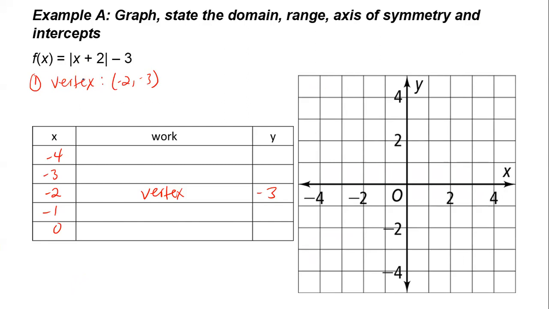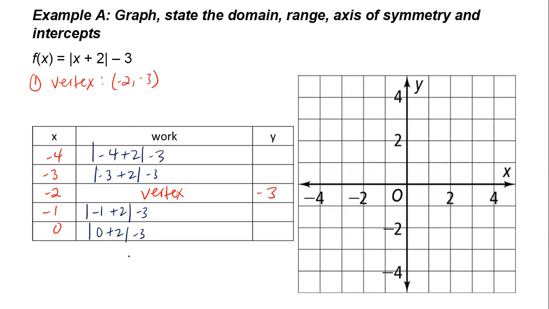So we're substituting, right? So we have the absolute value of -4 plus 2 minus 3. We have the absolute value of -3 plus 2 minus 3. We have the absolute value of -1 plus 2 minus 3. We have the absolute value of 0 plus 2 minus 3.